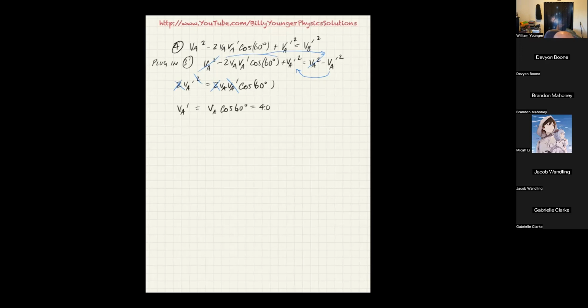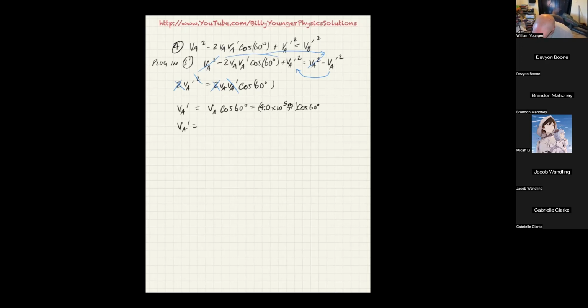to 4.0 times 10 to the 5th meters per second times cosine 60 degrees. So VA prime is equal to, now I do my math, 4e to the 5th times cosine 60.